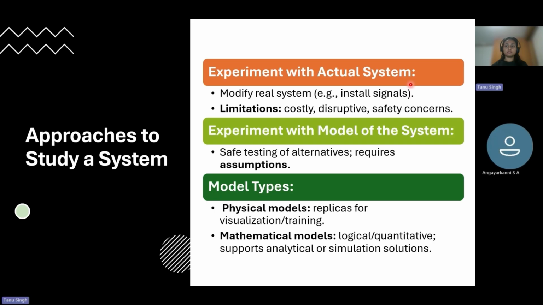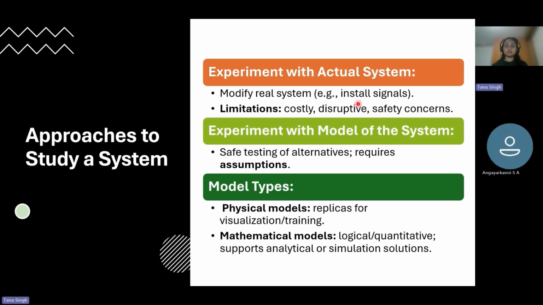Instead of the real system, we create a physical or mathematical model. A physical model can be a replica for visualization or training, while a mathematical model uses logical or quantitative relationships. This allows us to test multiple alternatives safely and efficiently.